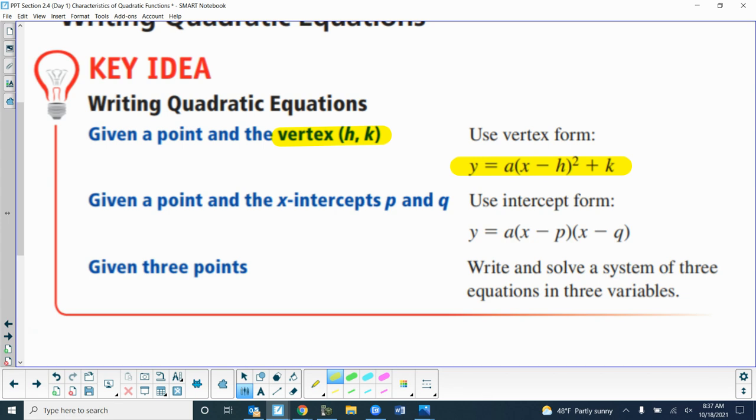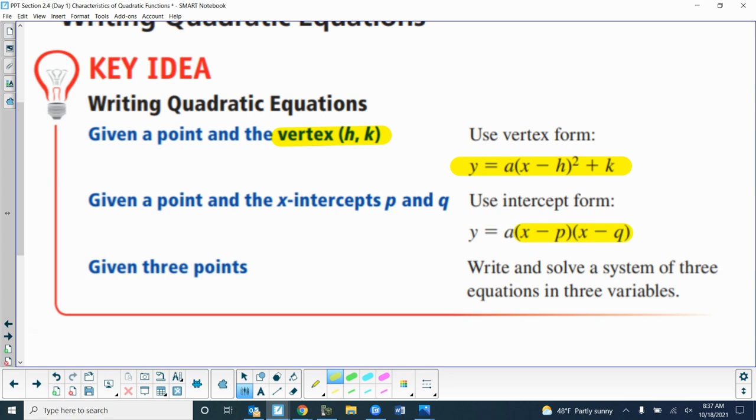Okay? When it's in intercept form, this x minus p and x minus q is like this x minus h. X minus p, the p value, like if it's x minus 2, one of the x-intercepts, the p value is positive 2. If it's x plus 2, then the p value is negative 2.